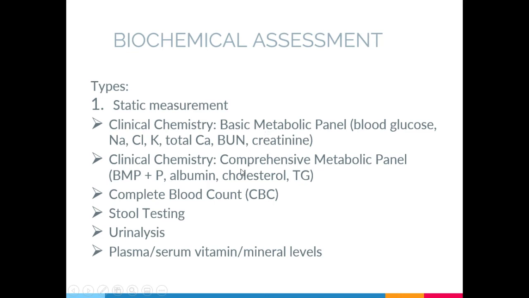Okay. We also have comprehensive. So this is much wider no than the BMP, because the CMP includes not just the BMP but also phosphorus, albumin, cholesterol, and blood triglycerides. Okay, so under the static measurement, no, we merely measure the amounts of these substances in the blood.